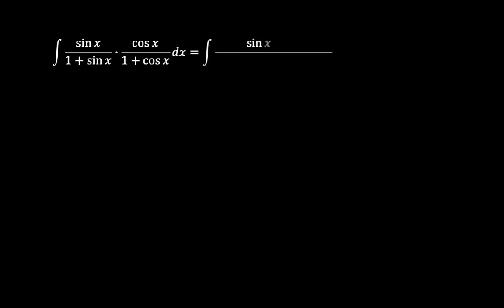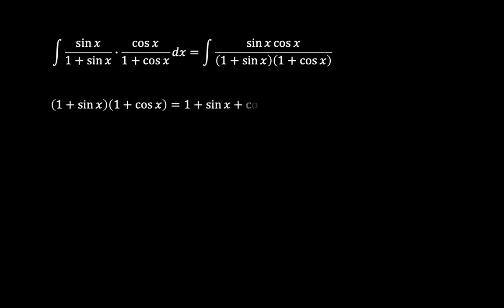So the first thing with this problem, what I would do is I like to express it in a way that could be integrated using the natural log approach. So if we look at the denominator, 1 plus sine x times 1 plus cosine x, that's the same as 1 plus sine x plus cosine x plus sine x cosine x.